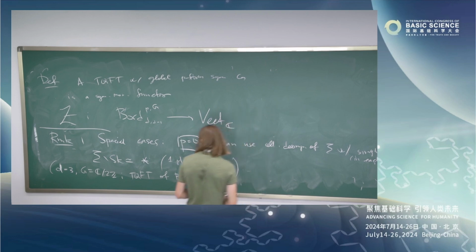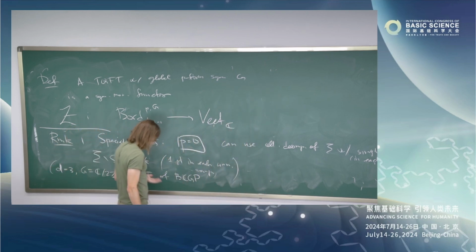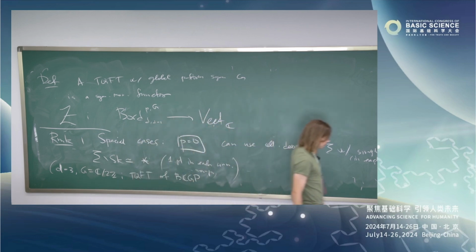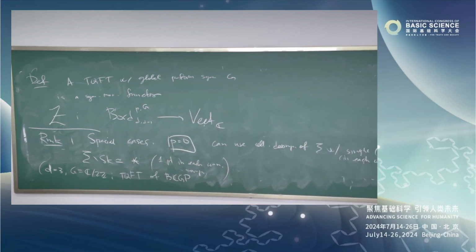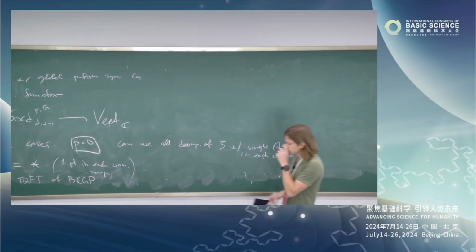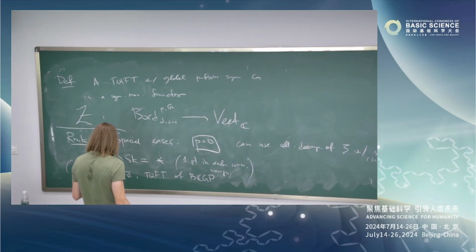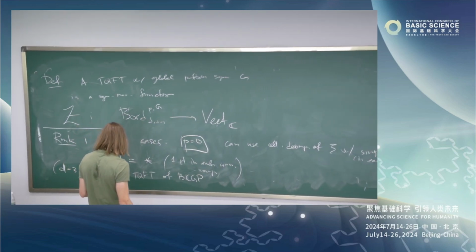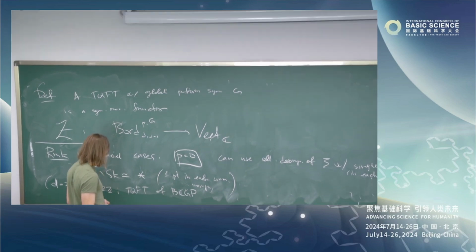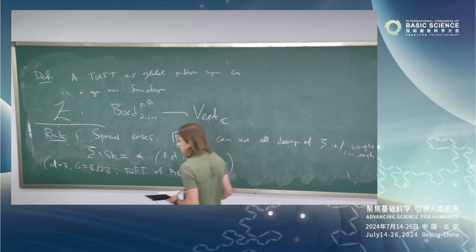They wanted to promote some invariants of three manifolds defined using a non-semisimple category of representations of some root quantum group. First there were defined invariants of three manifolds labeled by cohomology classes, and they wanted to promote it to TQFT.